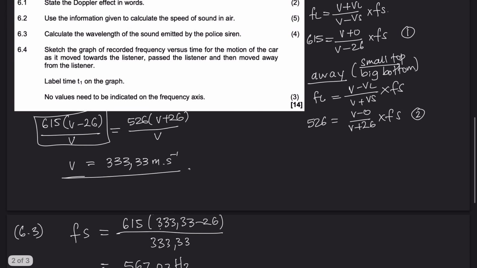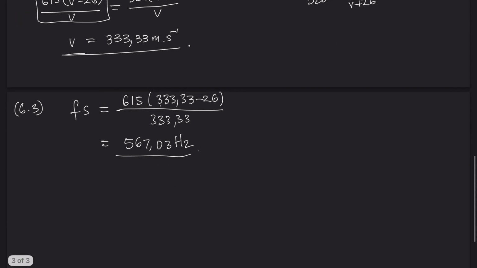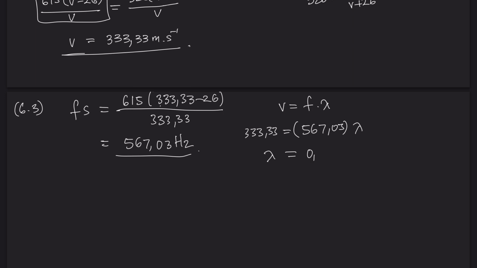So if they want the wavelength, we can use V equals F times lambda. We know the frequency, 567,03, multiplied by lambda, and the speed of sound we worked out as 333,33. We can solve for lambda. Lambda is going to be 0,59 meters.